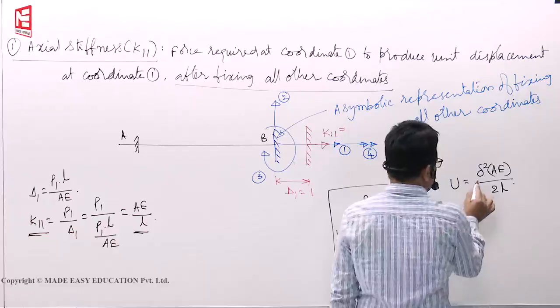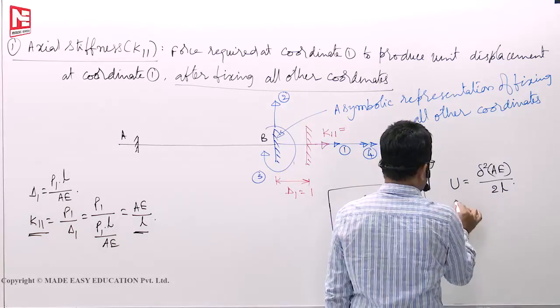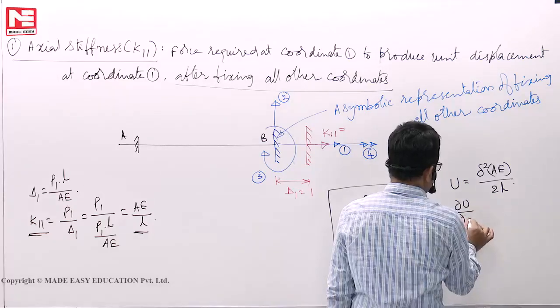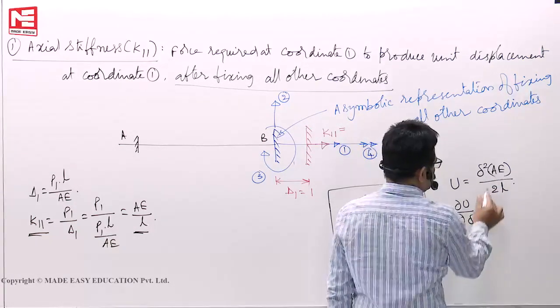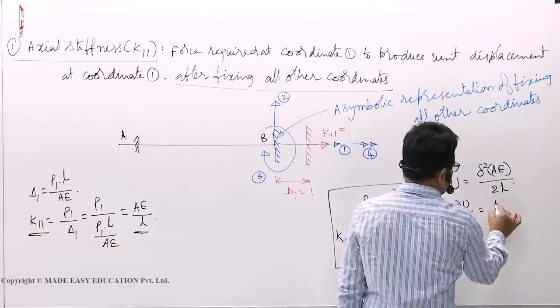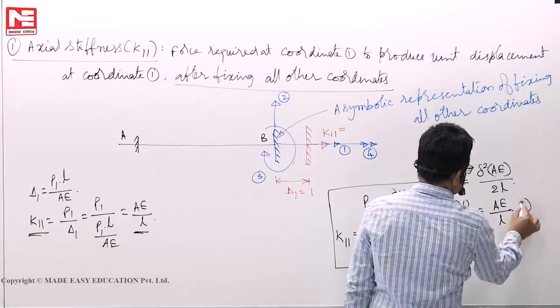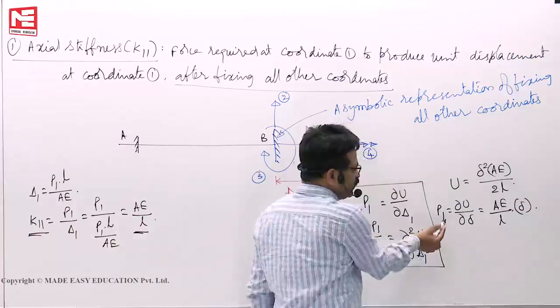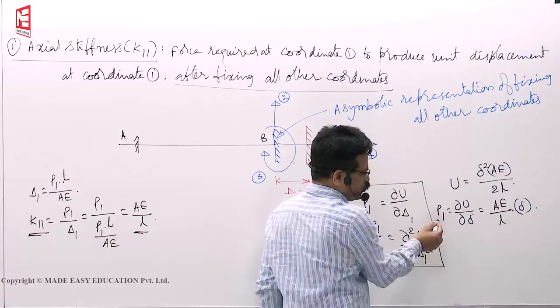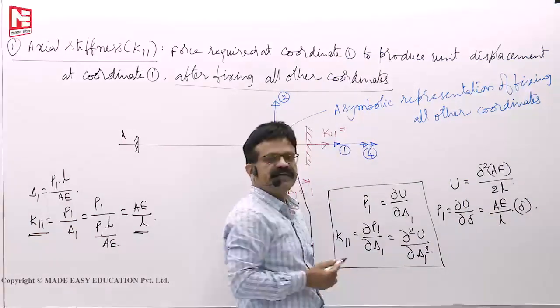Now, if I want to find the force, P1 is equal to dou U by dou delta. How much will I get? Delta square means 2 delta, so AE by L into delta. This P1 force is required to produce delta displacement.